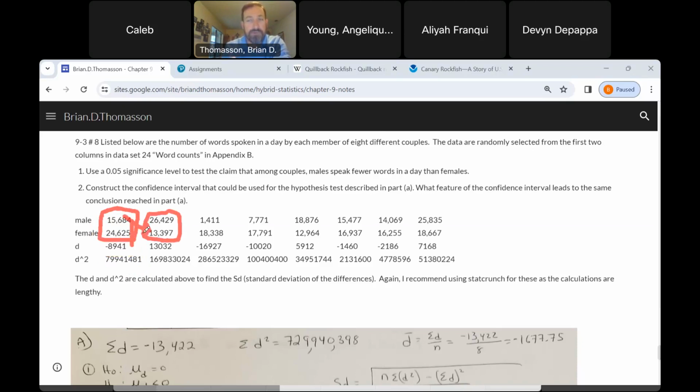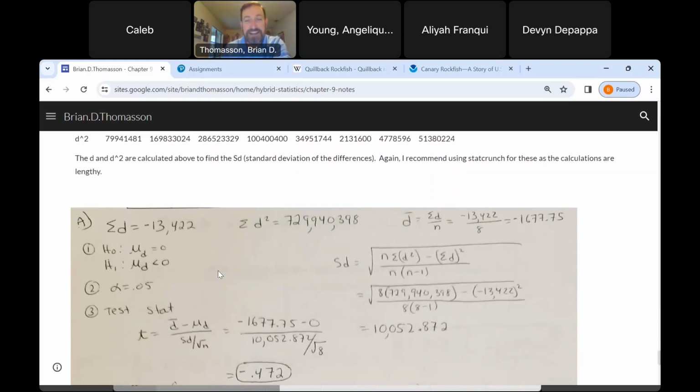That brings in multiple issues of, they're not supposed to know each other or shouldn't be probably talking too much. So we don't want to use that as reference. We want to stick to, in this couple, which one's speaking more words? We don't want to mix couples.